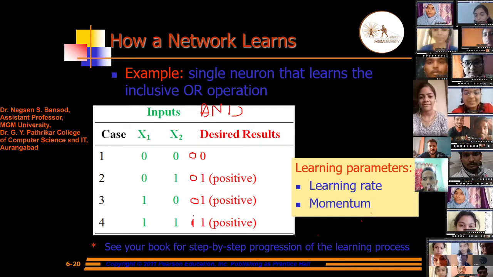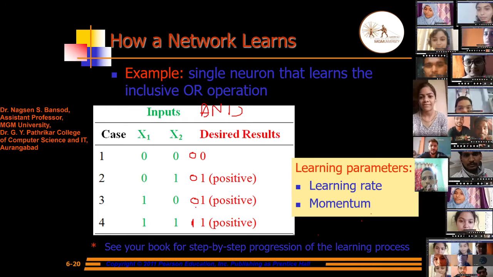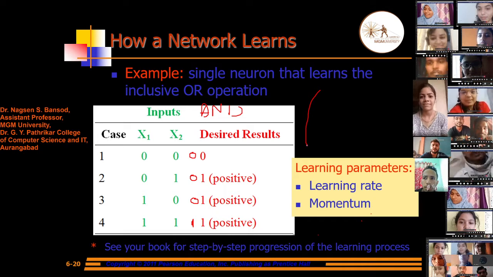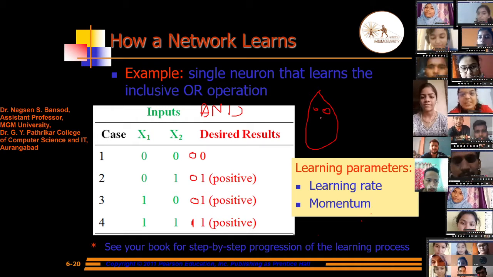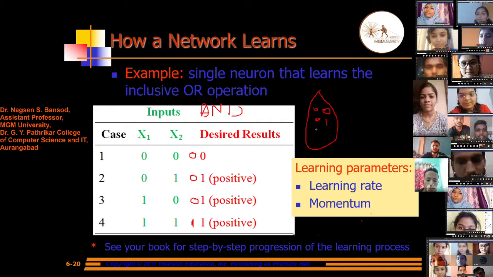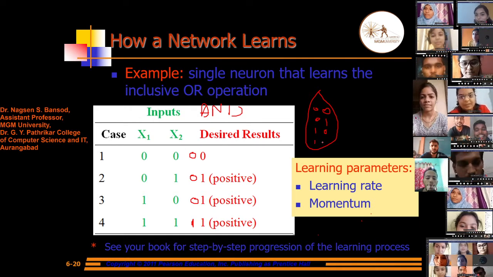So this we can also separate linearly. Suppose we see 0 0, 0 1, 1 0, 1 1.